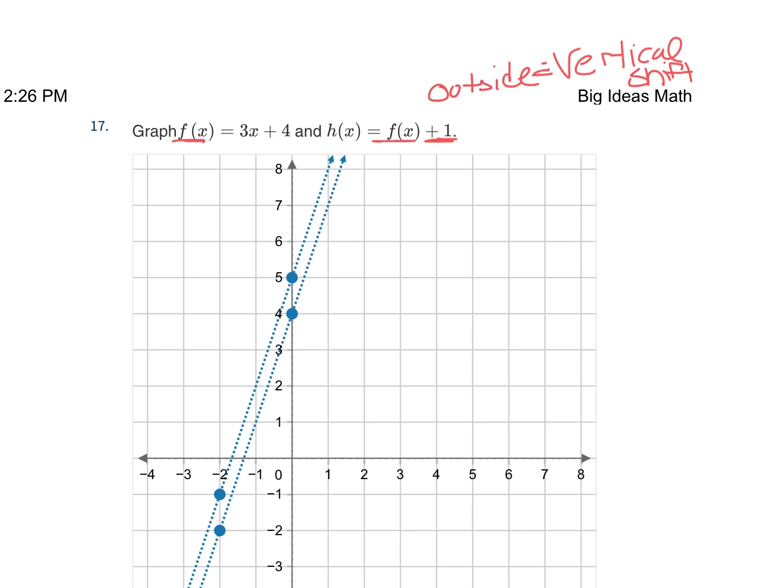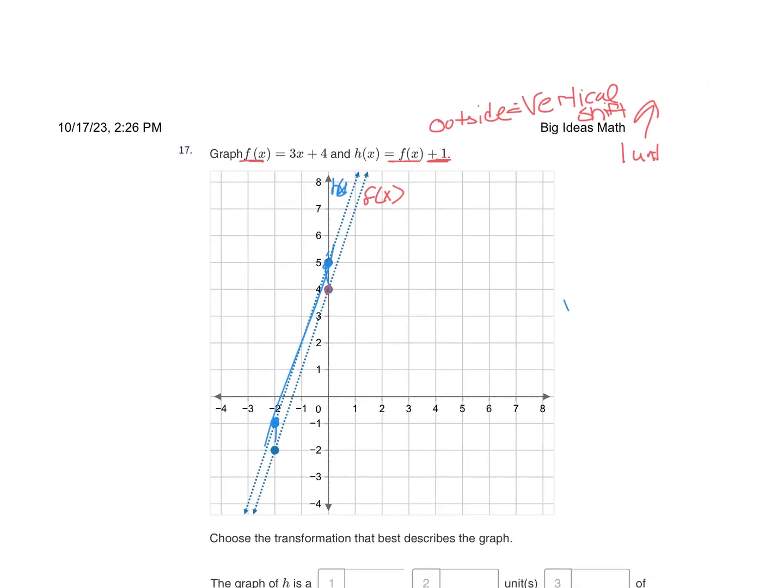We don't have to do the opposite, because we're outside of the opposite world. So it's a vertical shift up 1 unit. So here was my original line, f of x. So for my new line, h of x, all we did was go up 1 with our points, and then graph our line.